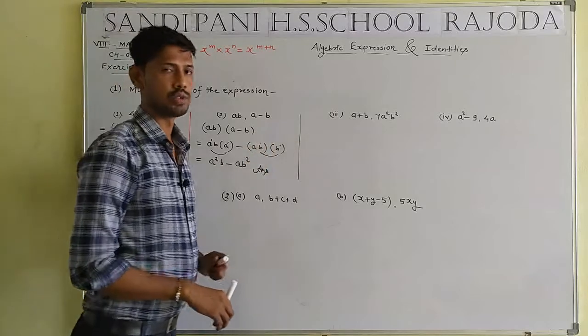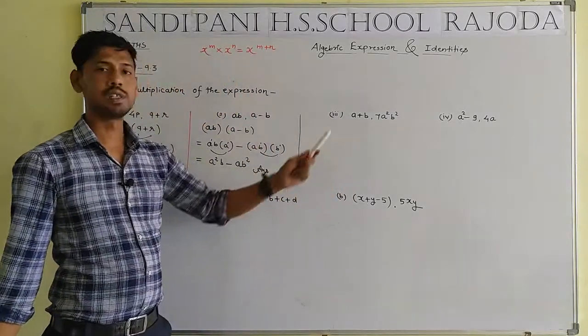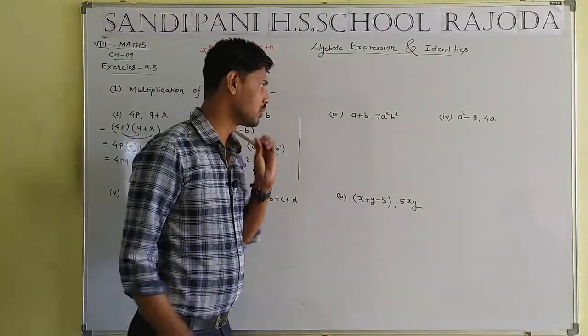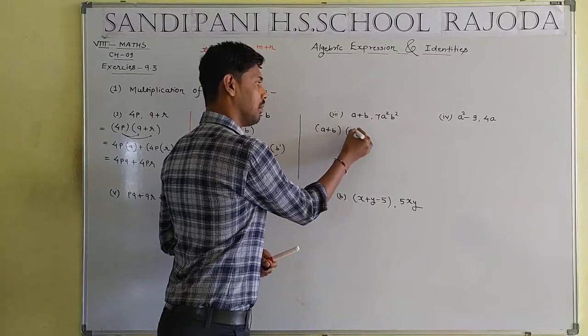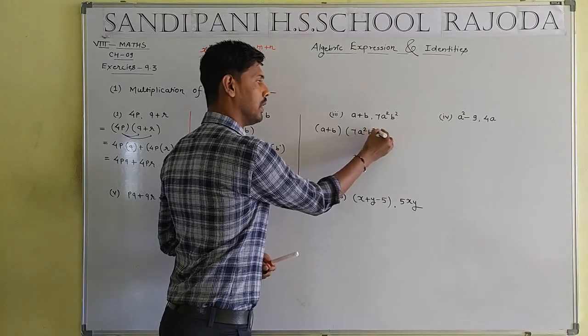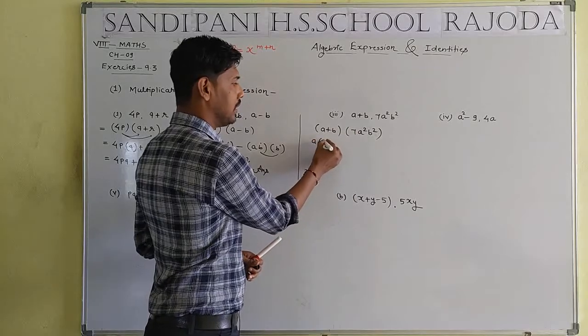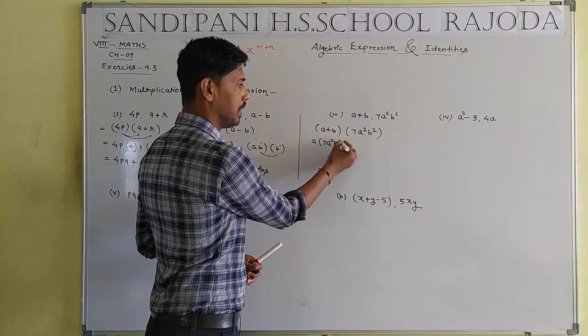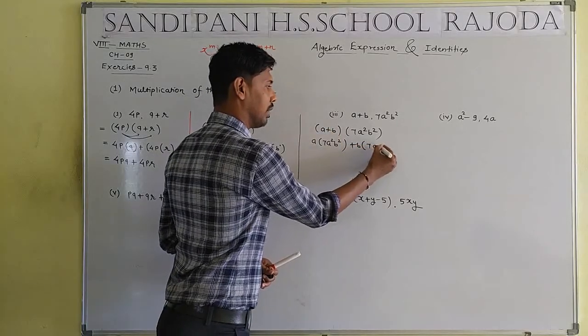Shall we start with question number third? A plus B multiplied with 7a square b square. That means we have to multiply a plus b by 7a square b square. Student, a multiplied by this 7a square b square, and plus b also multiplied by this.